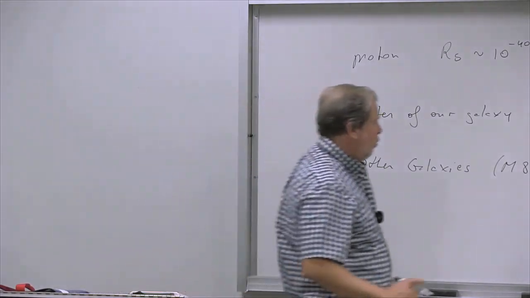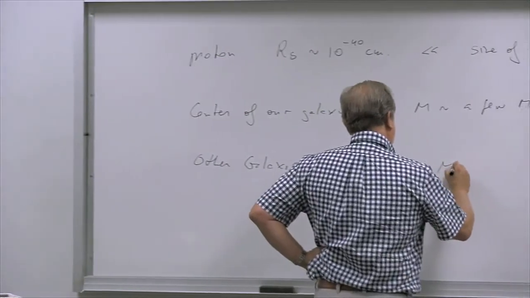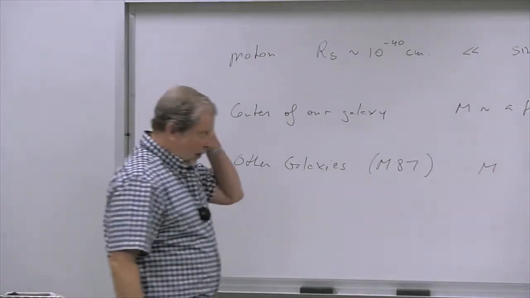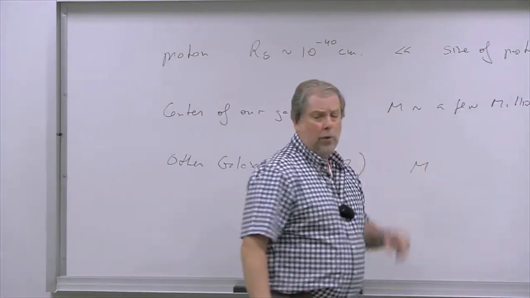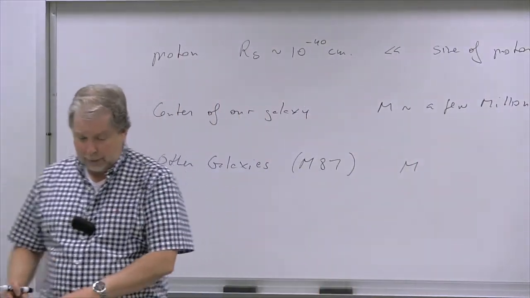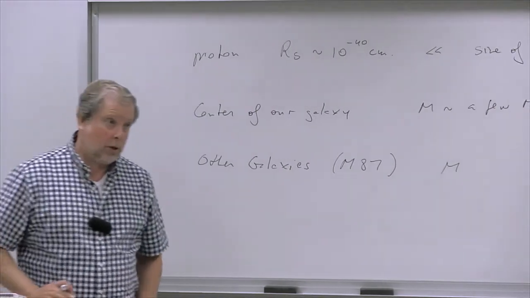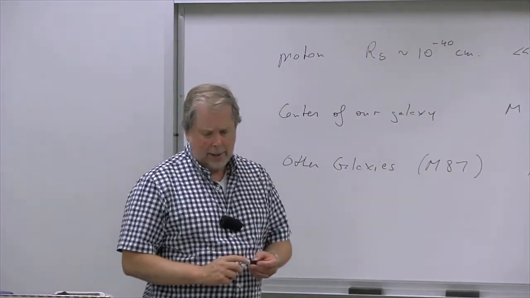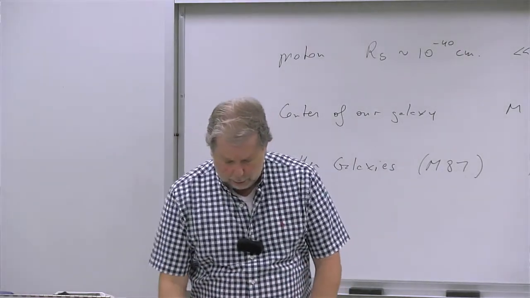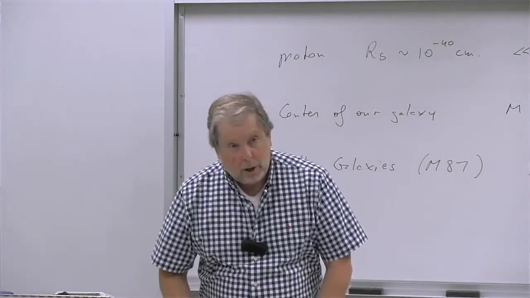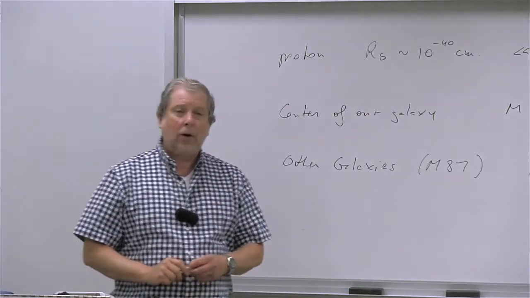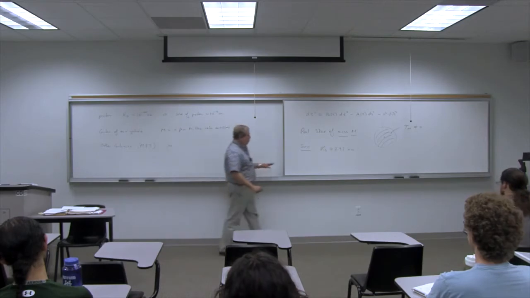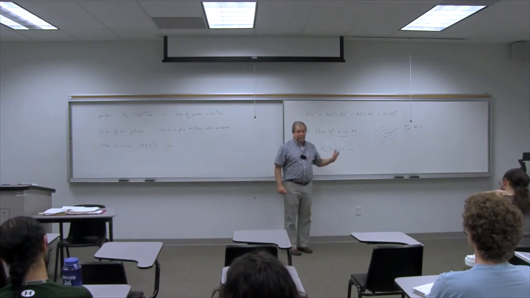And in that case, you find that in fact the mass of the object that is at the center is much larger than what is at the center of our galaxy, and it is of the order of billions of solar masses. So again, you're dealing with an object that is really quite huge. So it is in fact possible to have black holes in which this Schwarzschild solution where this Schwarzschild radius is very large.